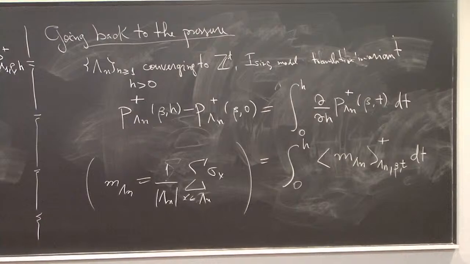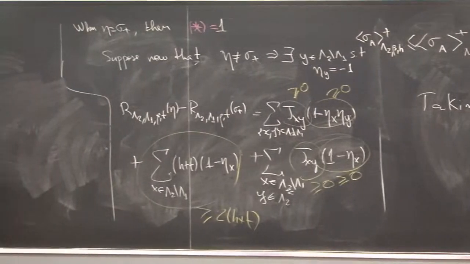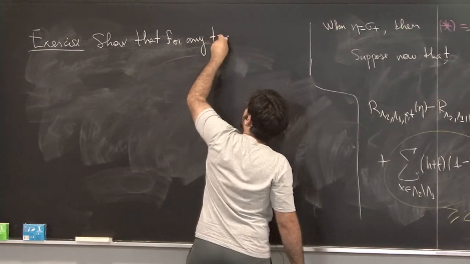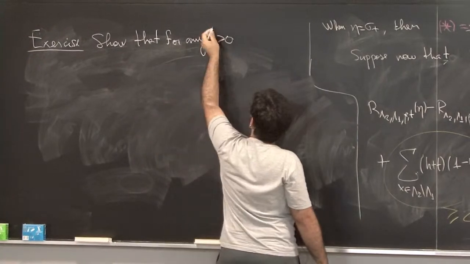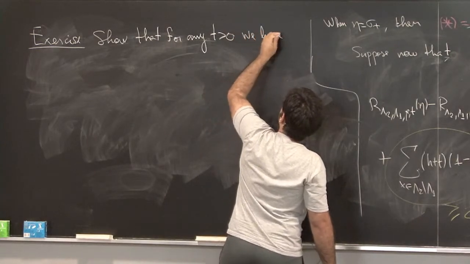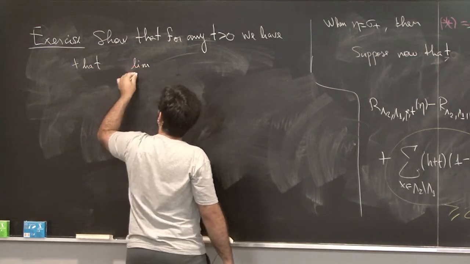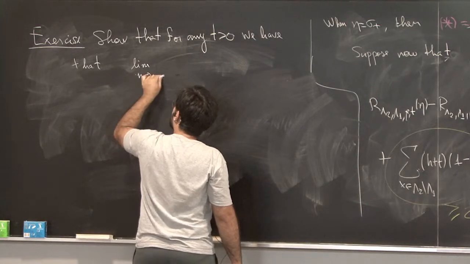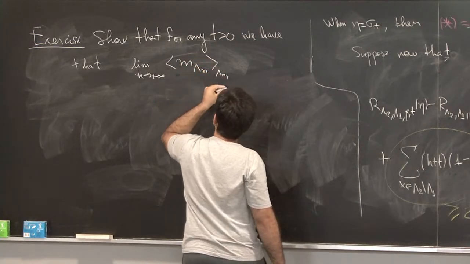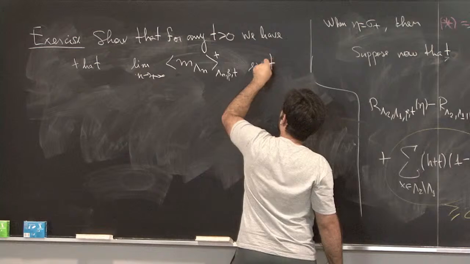So the first exercise of today will be: show that for any t, the limit as n goes to infinity of this mean, beta t in the plus boundary condition, exists, okay?